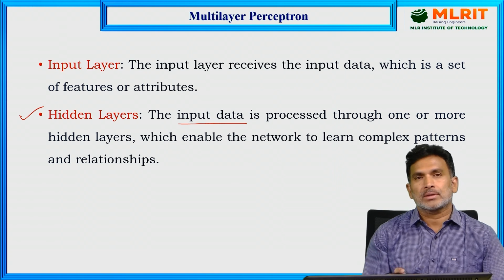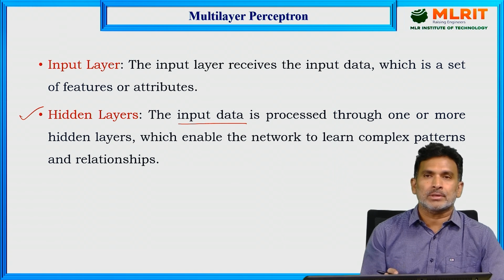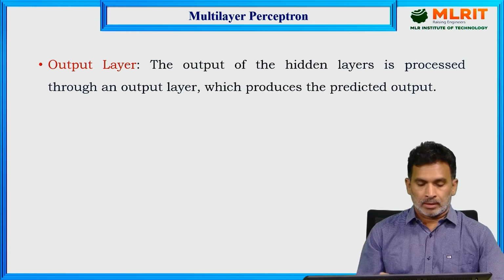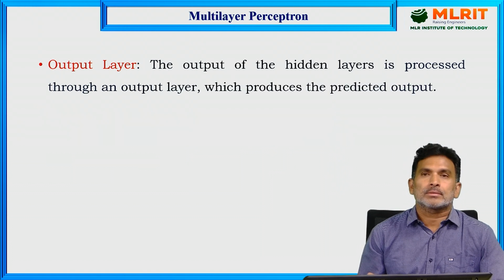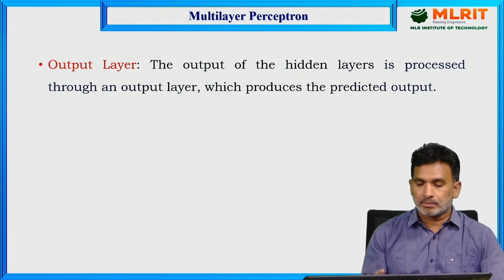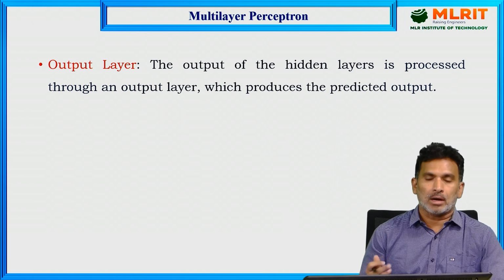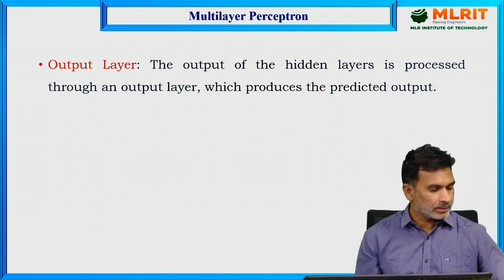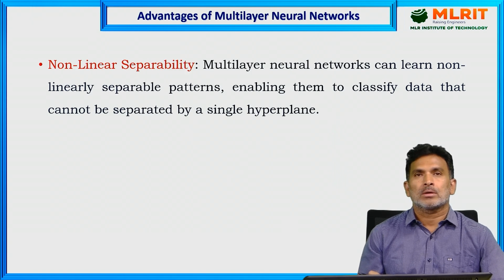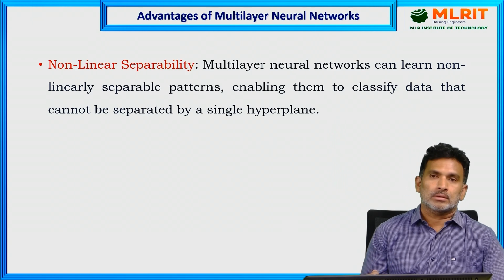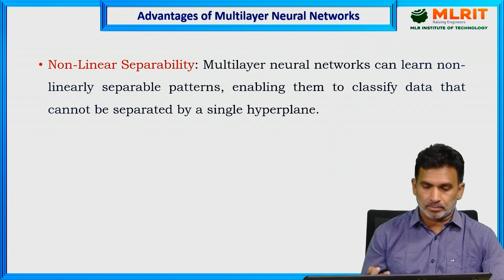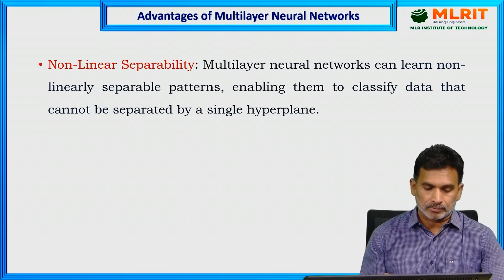As we discussed, the hidden layers enable the network to learn more complex patterns and relationships. And coming to the output layer, the output of the hidden layer is processed through an output layer, which produces the predicted output. Let us first understand the advantages of this, and then we'll see the diagram which represents the multi-layer and single layer perceptron.